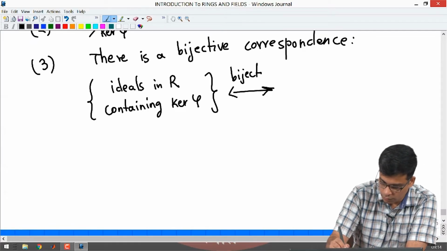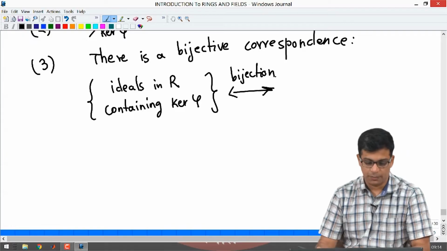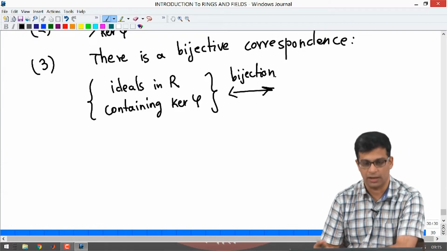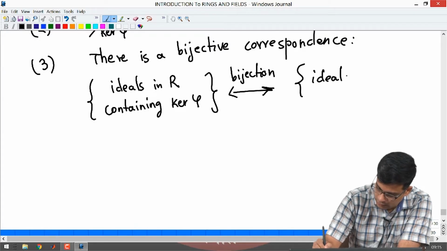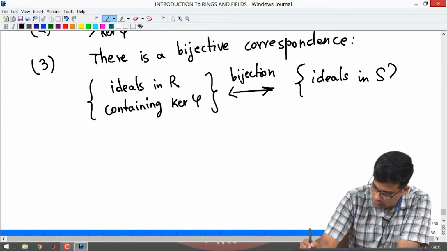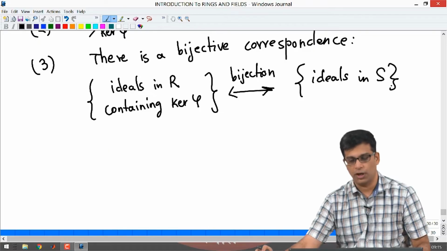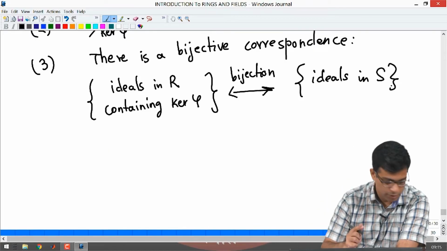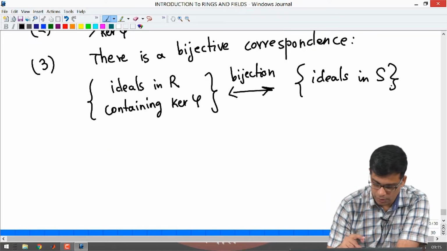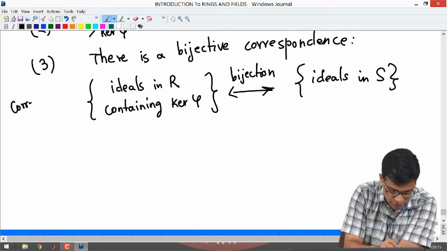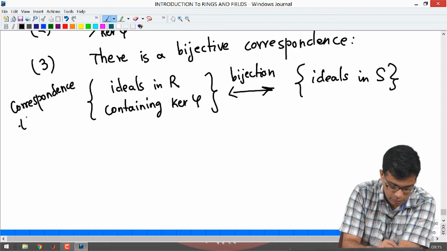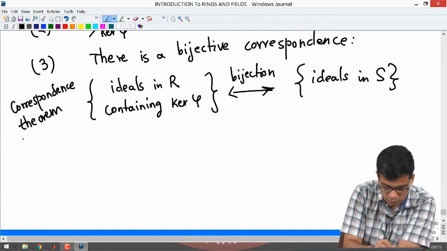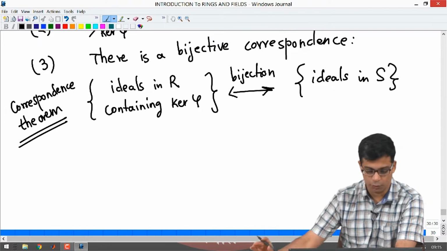On the one hand you have ideals in R that contain the kernel, and on the other hand you have ideals of S. So, you have the bijective correspondence. This is called the correspondence theorem. I am putting these things together because it is good to have one theorem which mentions the important facts about quotient rings.